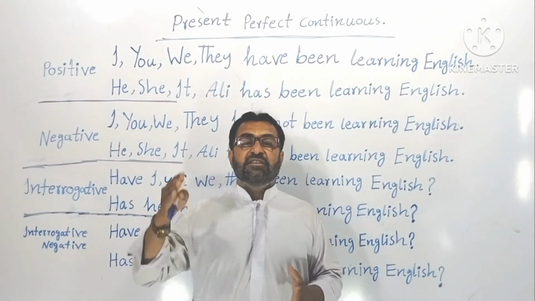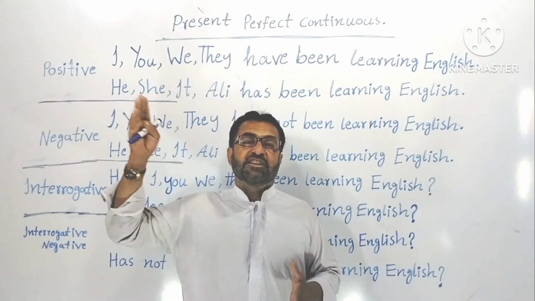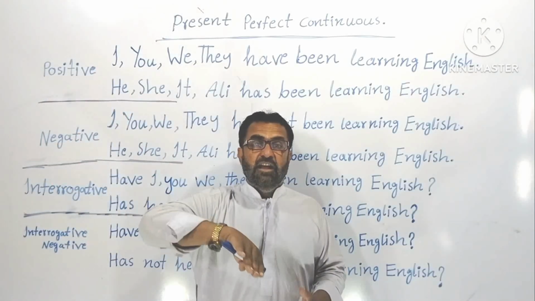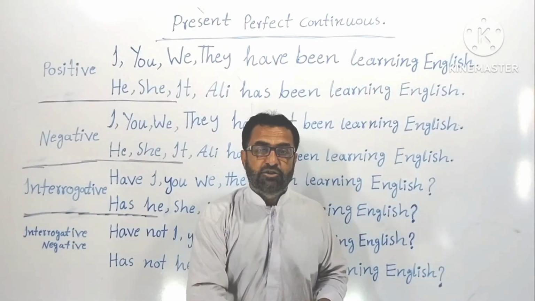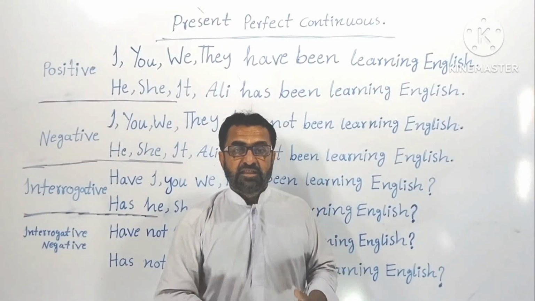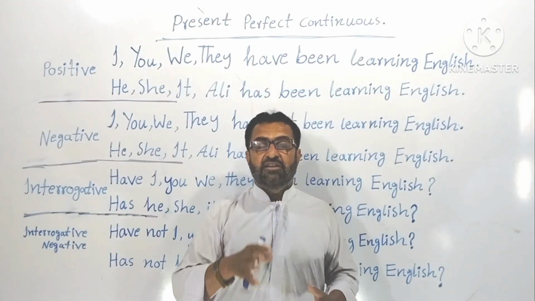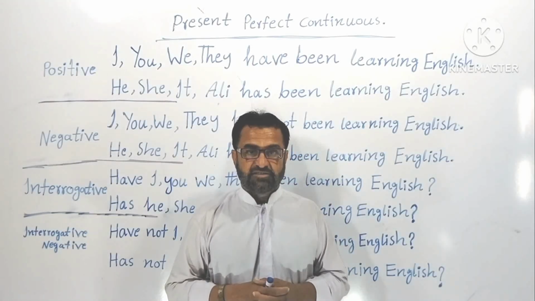Understood? A present perfect continuous is an action that has been started in the past and continuing towards the present, then heading towards the future. This is called present perfect continuous tense.